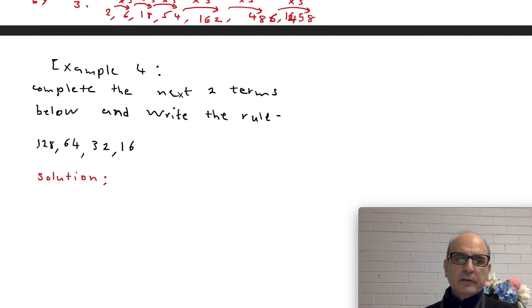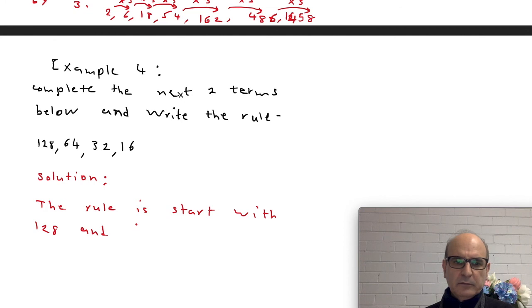So half of 128 is 64, half of 64 is 32, or 32 divided by 2 is 16. So the rule is divide by 2. The rule is, you got to always give the starting number, start with 128 and divide by 2.